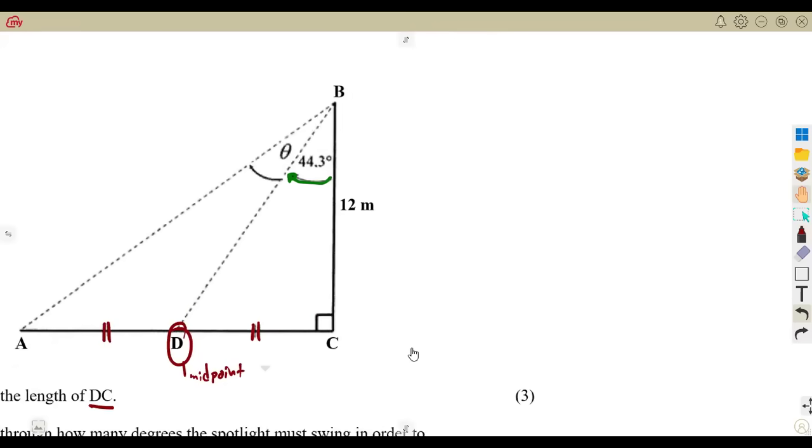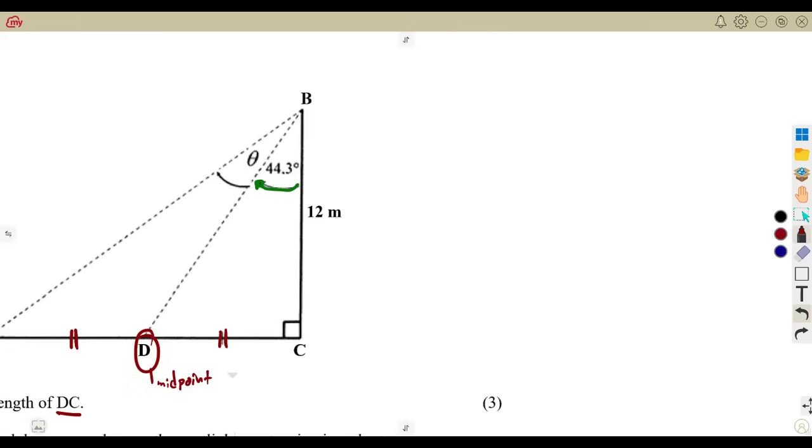If we take a closer look at our diagram, we'll see that using this triangle B to D to C, this right angle triangle, is enough information for us to calculate the length of DC, from D to C. This is a right angled triangle. Remember, guys, on a right angled triangle, you are given an angle there.